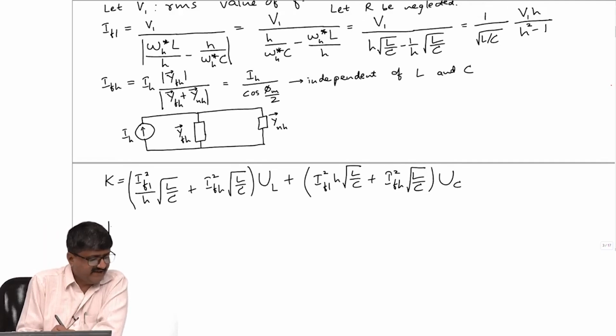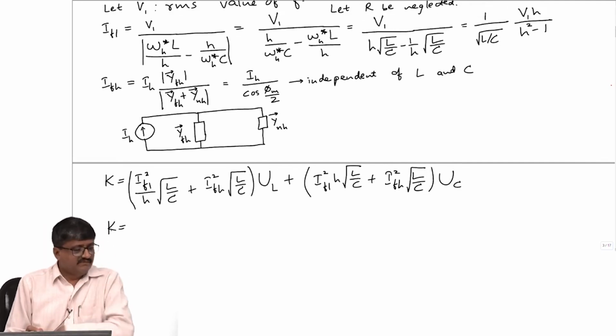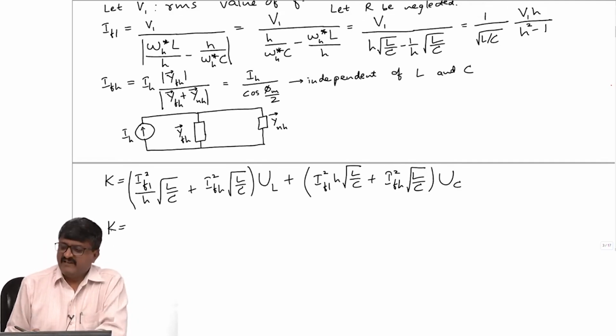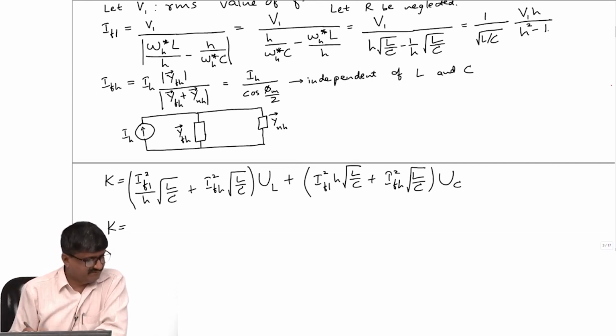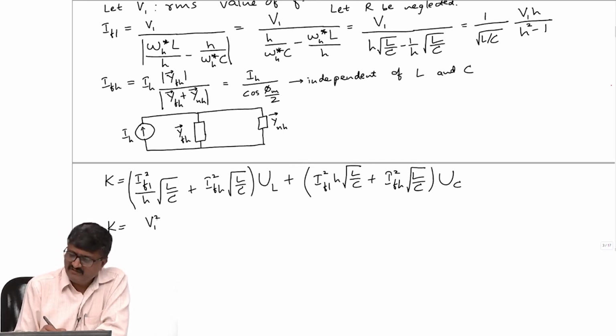So I can write K by substituting for I1. I1 is 1 by root L by C into V1H by H square minus 1. So what I get is V1 squared.